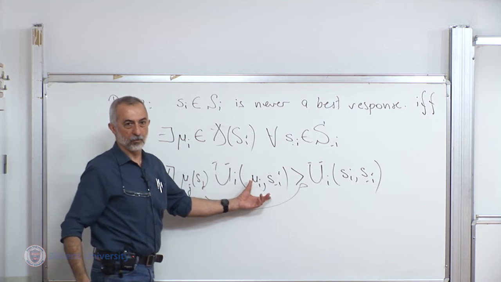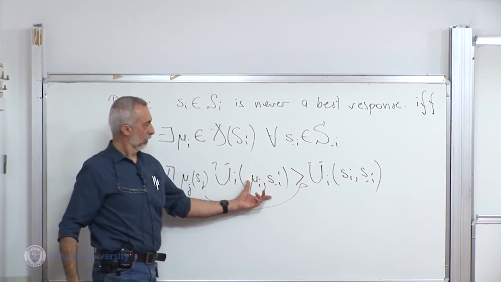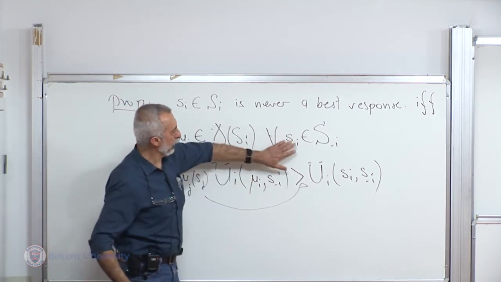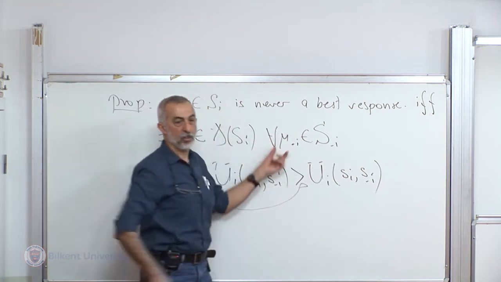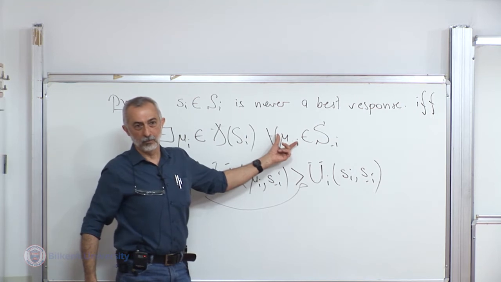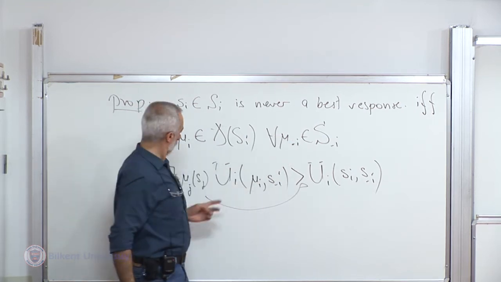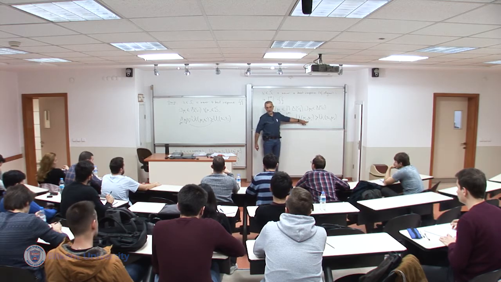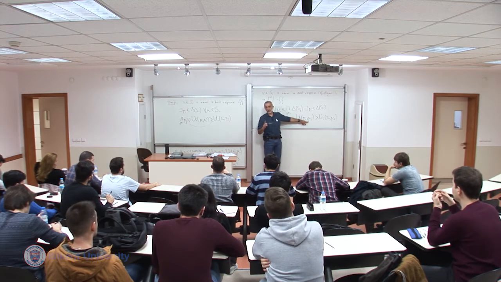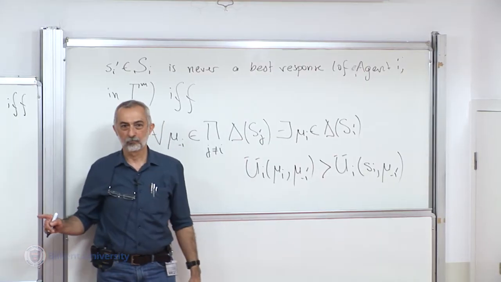Adding them up, right? Then you replace this for all S minus I with mu minus I, okay? So this part implies that part, but then there is a problem.